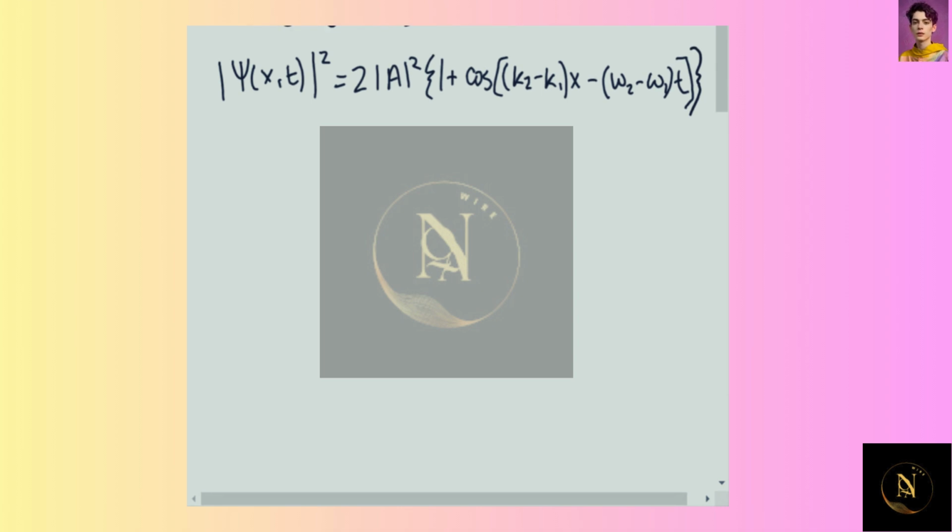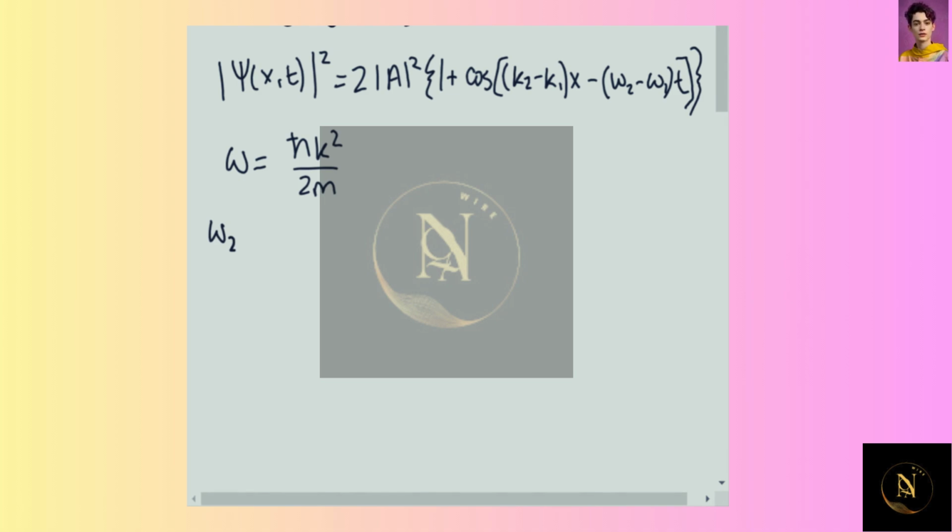So now we want to solve for what k2, k1, omega 2 and omega 1 are in relation to just k and just omega. We're given in the problem that omega is equal to h bar k squared over 2m. So we can plug in our k2 to find omega 2.